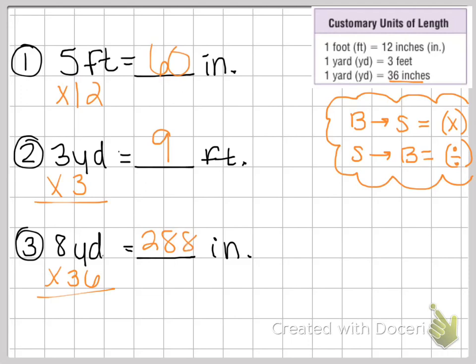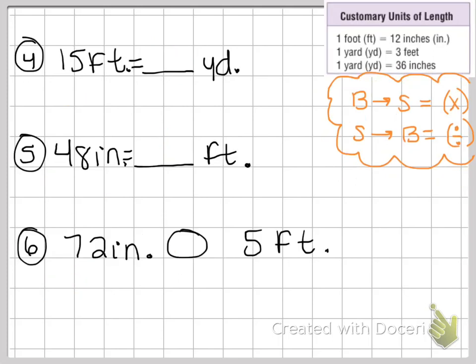So again, always think about, are we going from bigger to smaller or smaller to bigger, and then which operation do we use? In all 3 of these problems, we're converting bigger units to smaller units, so we multiplied them. Let's take a look at these last 3 problems. We need to convert 15 feet to yards.